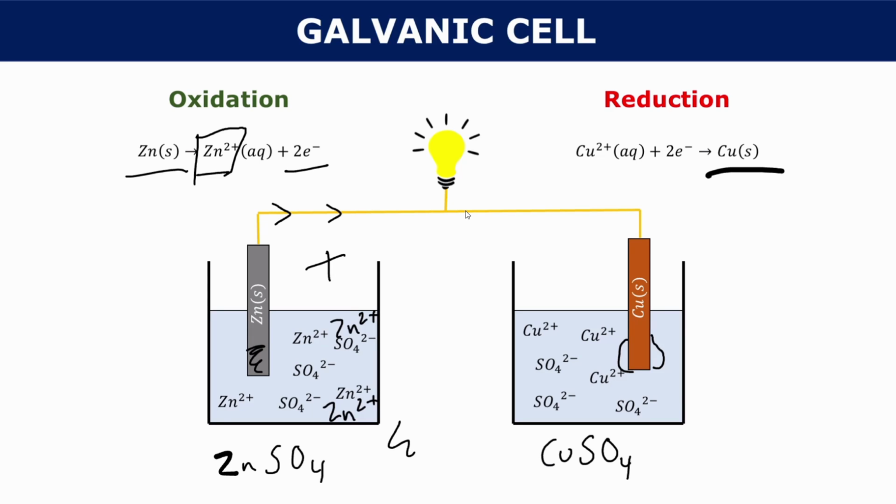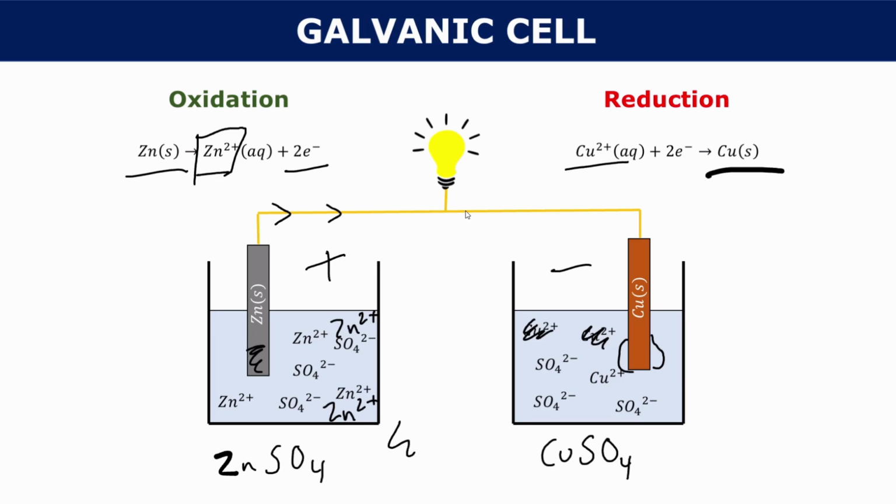And since the sulfate ions stay the same, you don't have those negative charges to balance out that positive charge. On the other hand, in the reduction half, you realize that the copper ions are being used up. And so as you use up more and more copper ions, what happens is that you have a buildup of negative charges. And so when you have galvanic cells with an overwhelming amount of positive and negative charges, when you have that charge imbalance, the galvanic cell ceases to work at a certain point.